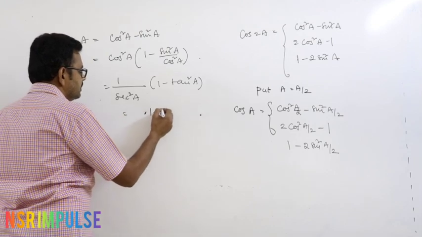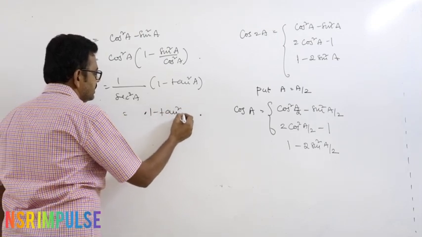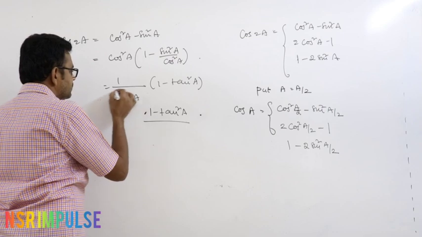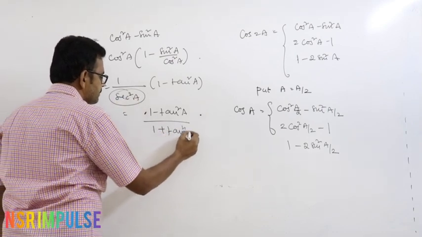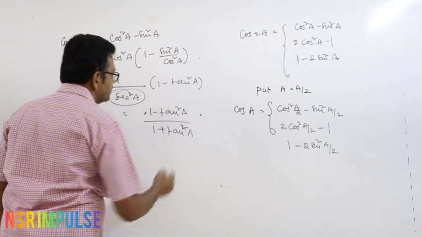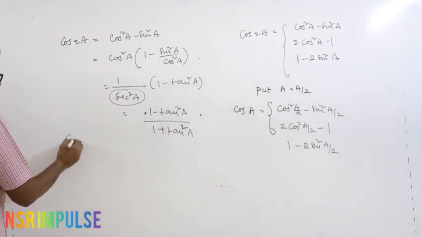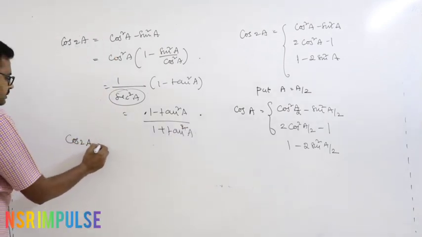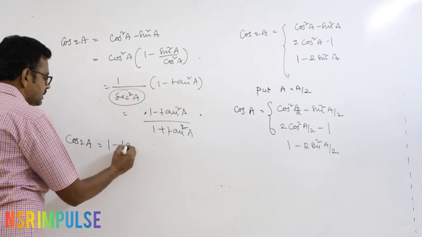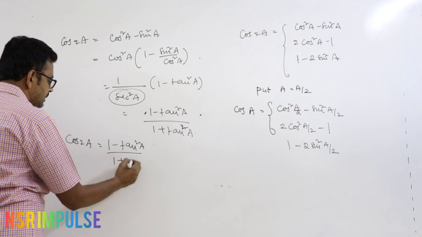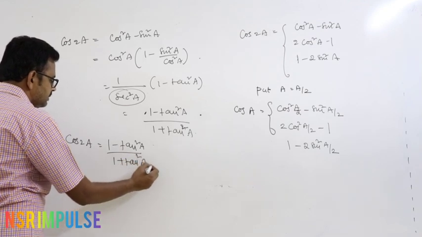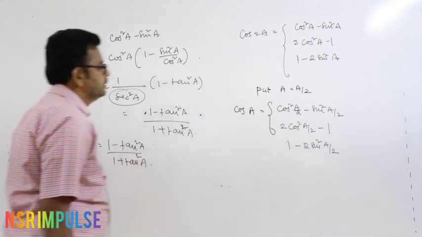That is 1 minus tan square a by secant square a, and secant square a means 1 plus tan square a. So this is also cos 2a is equal to 1 minus tan square a by 1 plus tan square a, in terms of tan. That is also a formula.